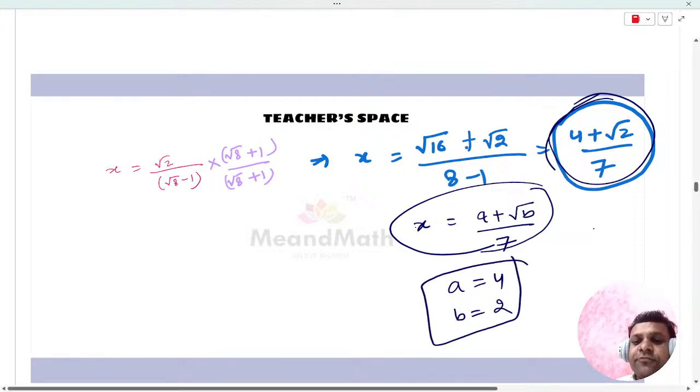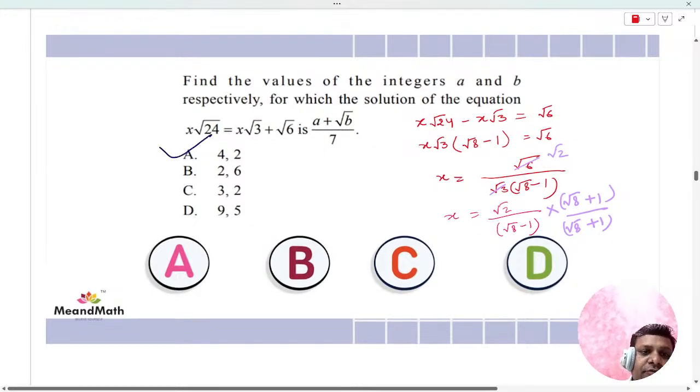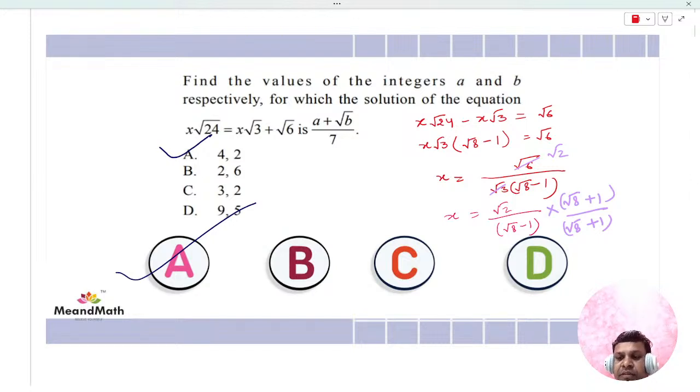So a is equal to 4 and b is equal to 2. Now check the option. a is equal to 4 and b is equal to 2, first option is correct. I hope the solution is clear to everyone.